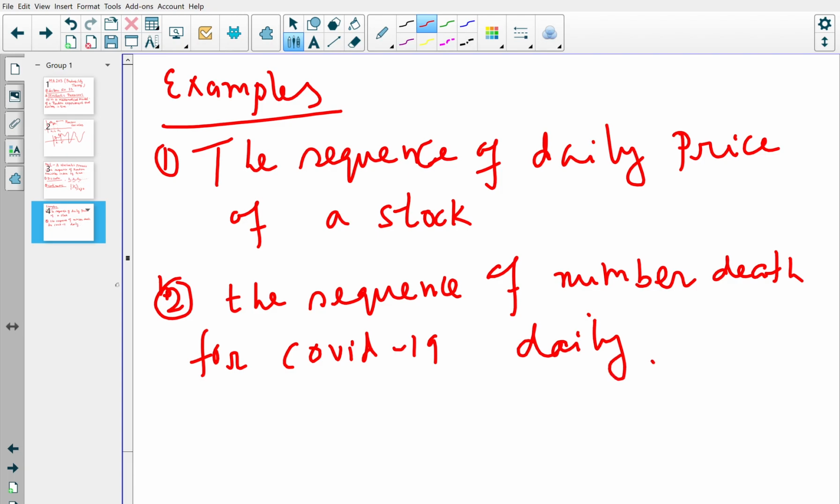Okay, these are examples of discrete random variables, and for continuous random variables also you can write down those things.